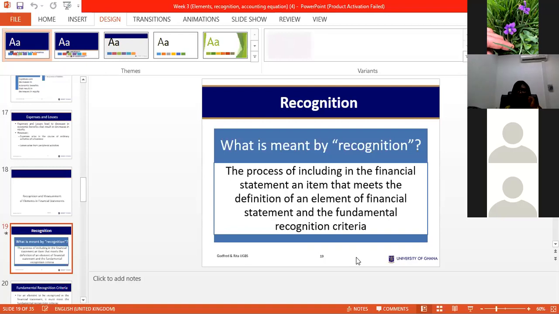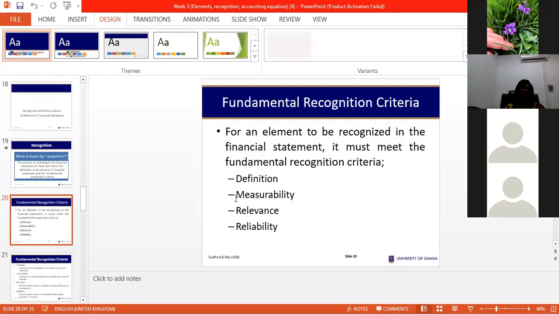Okay. So recognition is just the process, how we go about determining which transaction meets the definition of an element, and how to classify those transactions or arrange them according to the elements. So that is recognition. Now, this is the criteria for recognizing items in the financial statements.